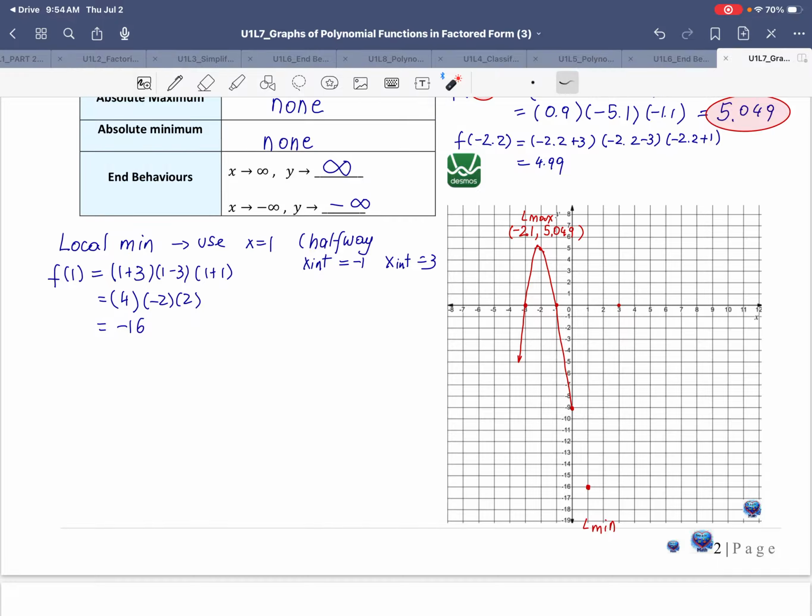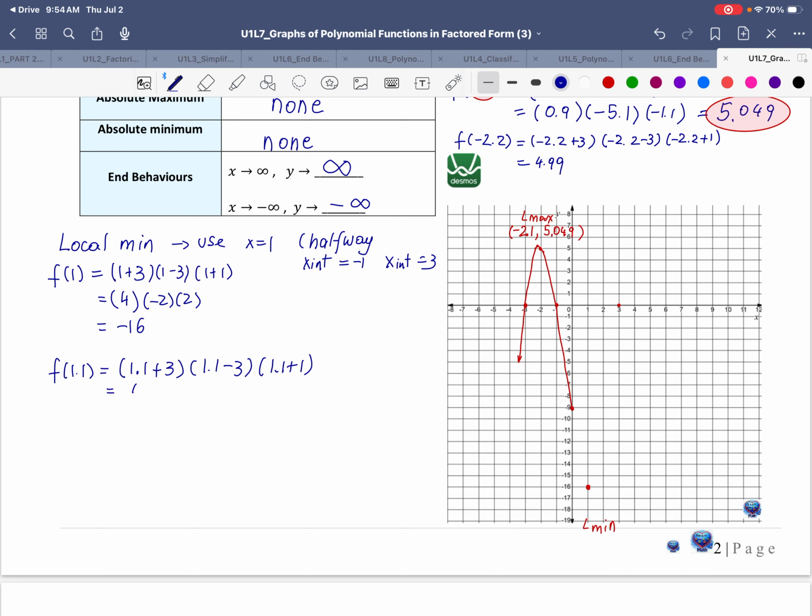So for this, what I'm going to do is I'll check the x values to the right of 1. So we'll find f of 1.1 to check and see whether the graph of this function will go a little lower on the right end: 1.1 plus 3, 1.1 minus 3, and then 1.1 plus 1.